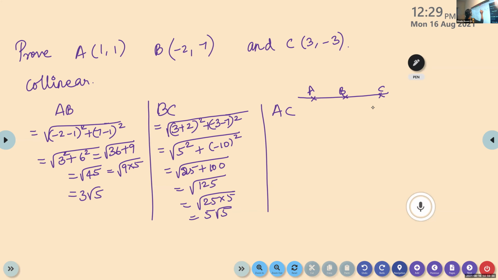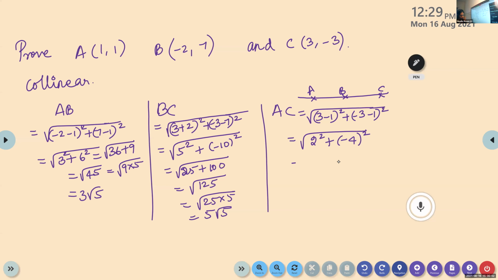Similarly, find out AC. AC is root of 3 minus 1 the whole square plus minus 3 minus 1 the whole square, which is root of 2 square plus minus 4 the whole square, which is 4 plus 16.